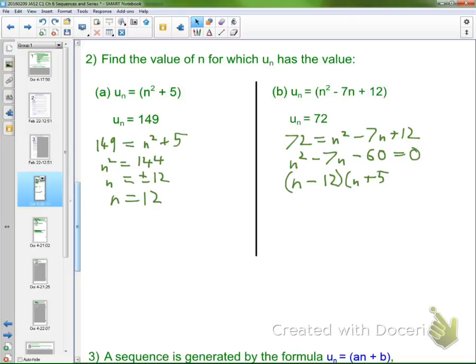So 5 times negative 12 will make negative 60, negative 12 plus 5 will make negative 7, and then we have n times n to get n squared. So then our two solutions are n equals 12 or negative 5, but we ignore the negative 5 because it doesn't make sense in this context. So therefore, n equals 12.